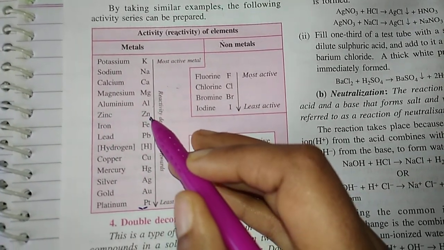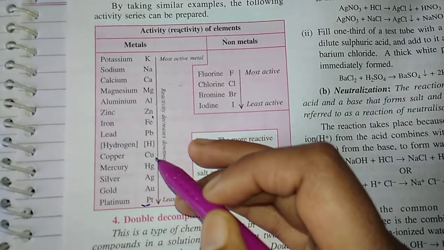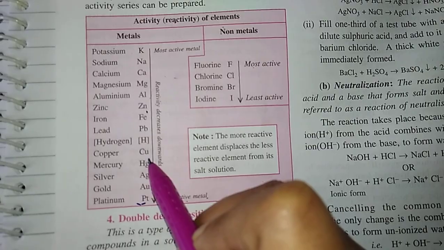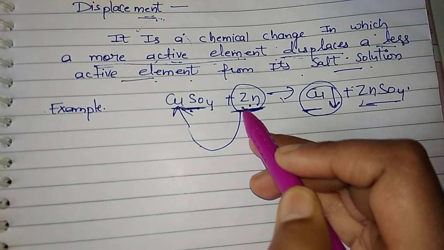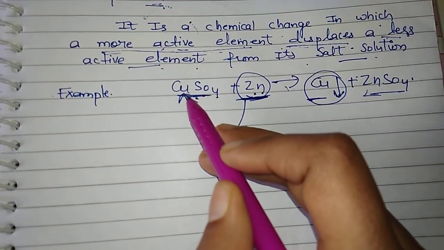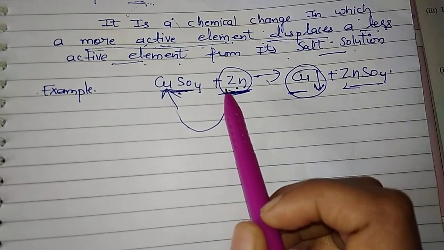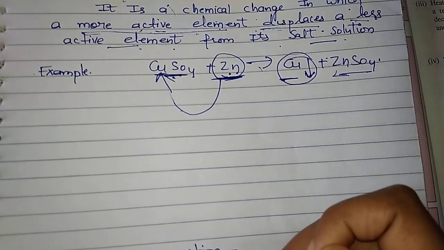Zinc is on the upper side and reactivity decreases downward. So zinc is more active as compared to copper. So zinc can easily displace copper in a chemical reaction. The same thing happened here. A more active element displaces a less active element from its salt solution. And when this kind of displacement occurs, it is known as a displacement reaction.